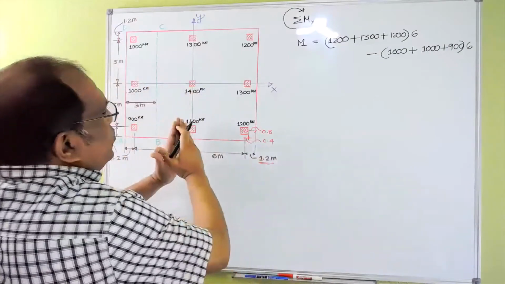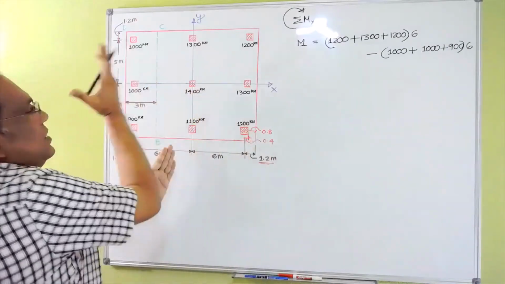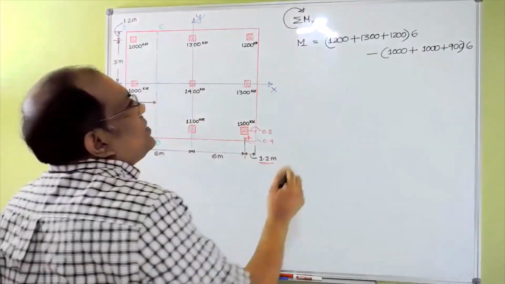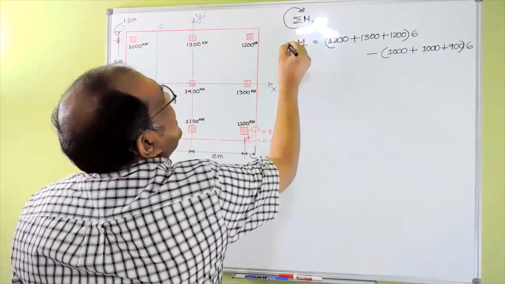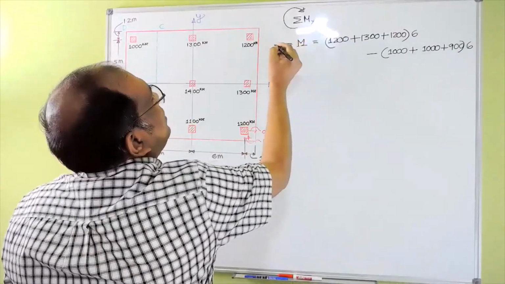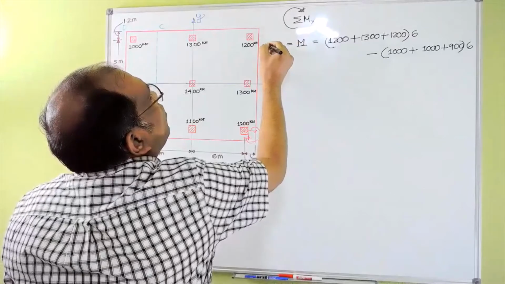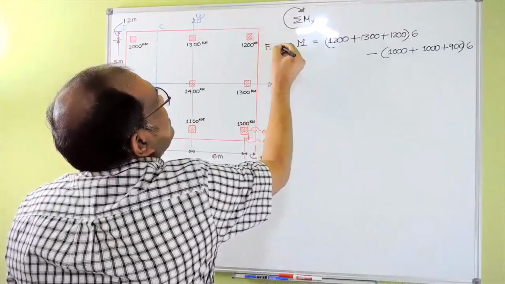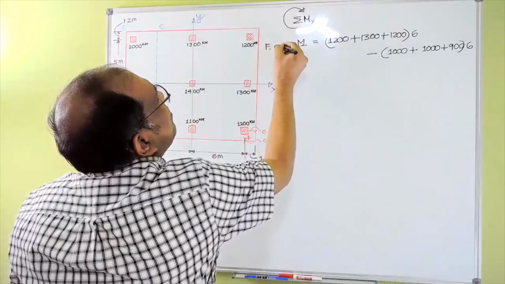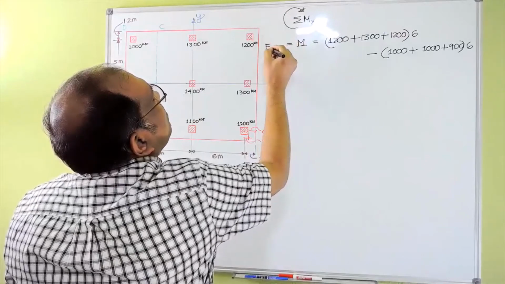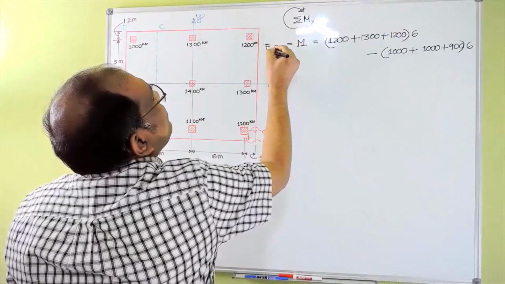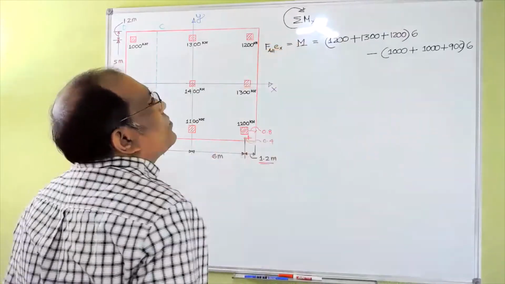So this one is 6 this way, this one is 6 this way. That's basically this moment, which is equal to your total force multiplied by Ex.